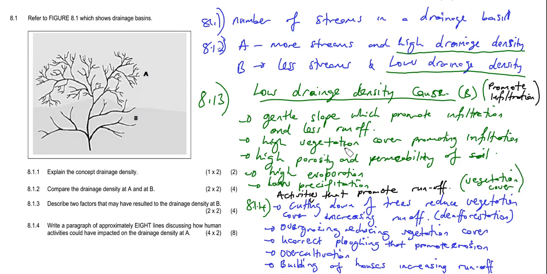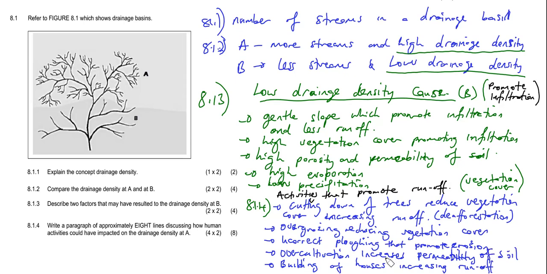That's the most part, because other factors like rainfall and porosity, overcultivation will also increase the porosity. Here overcultivation increases the permeability of soils.